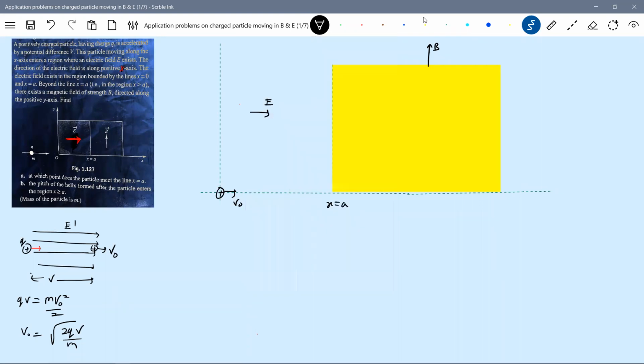Now by the time the charged particle arrives, I think it's correct only. Here this has to change. I'll make some changes. B bar has to change.